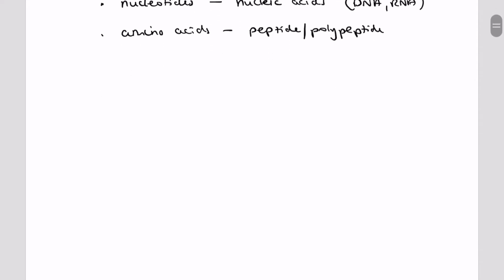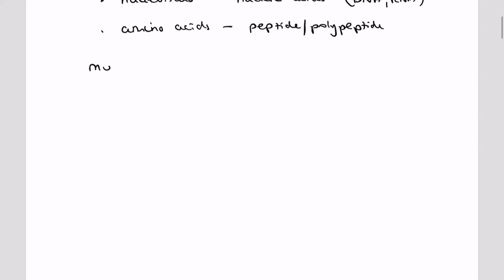So the way this works is, when we want to make a polymer, we need to go through a series of chemical reactions, and these reactions are known as condensation reactions.